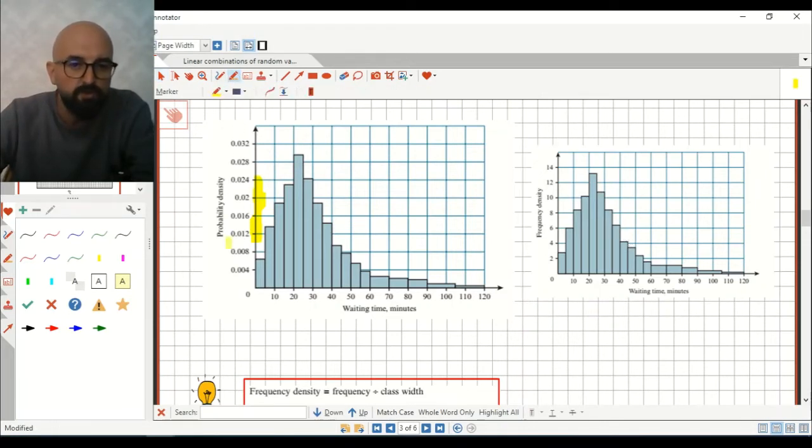The first diagram is related to frequency density, the second diagram is related to probability density. So both diagrams are very similar.